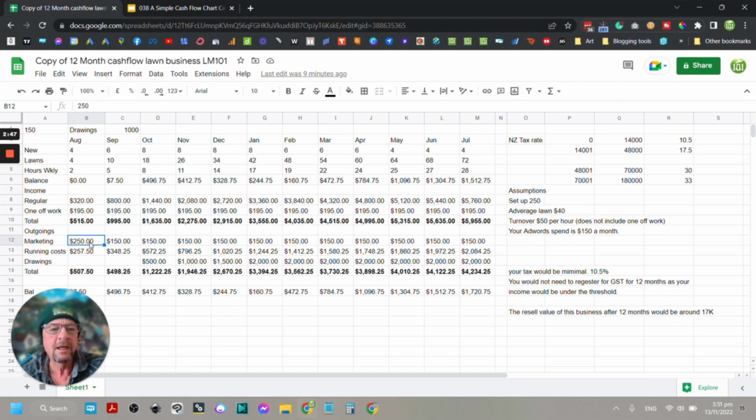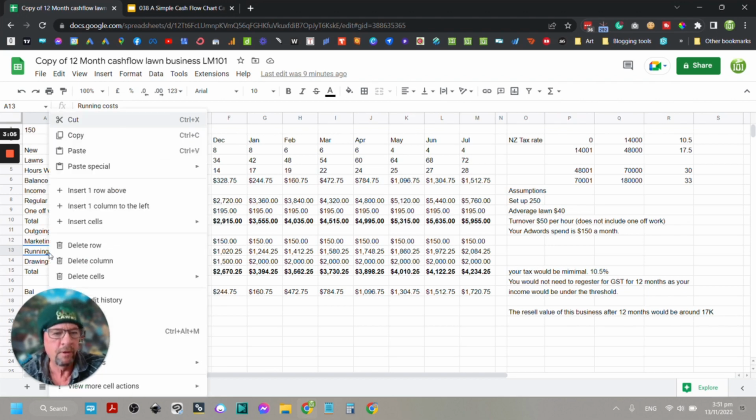I've put marketing in here because I actually drew this up for my Google marketing that I do for other lawn mowing businesses. So I wanted to show the marketing content, but this would actually be included in your running costs. And your running costs are also going to have a separate column.